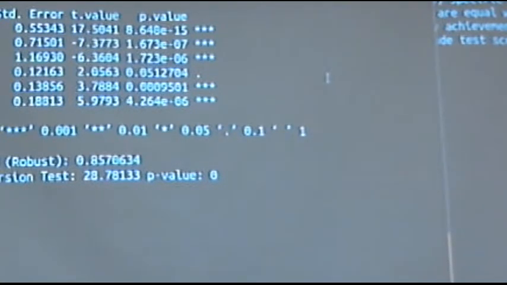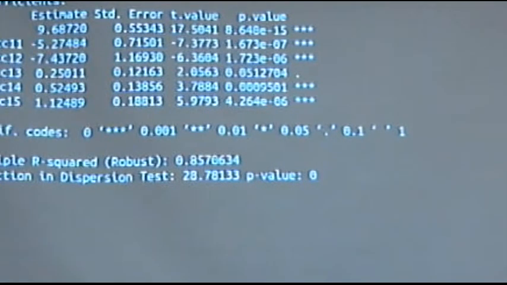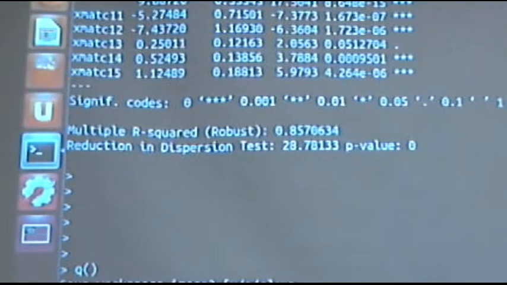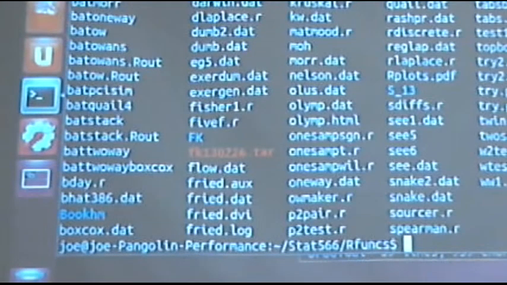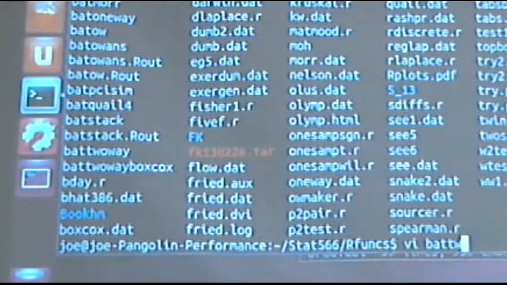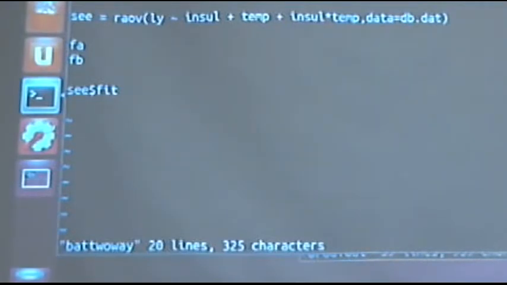Okay, we built this wrapper so it looks like this is exactly what you would do in R, and the function would be doing.